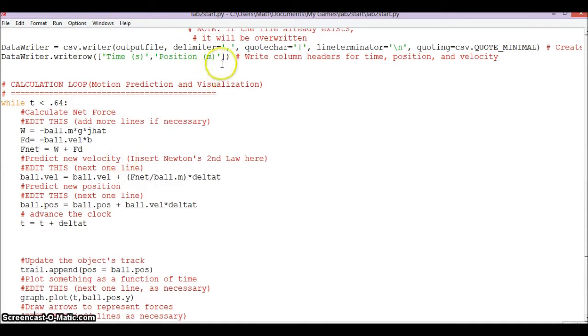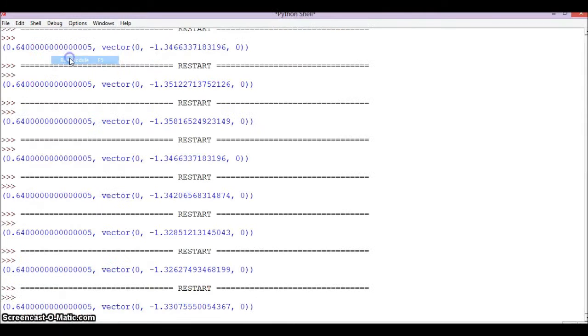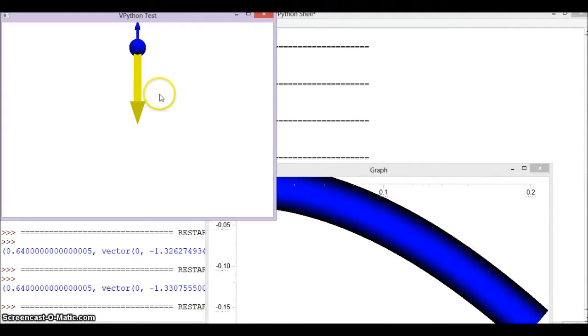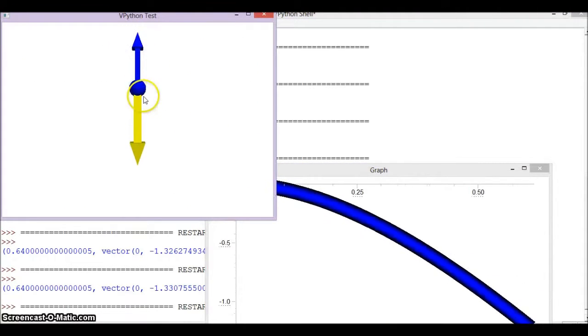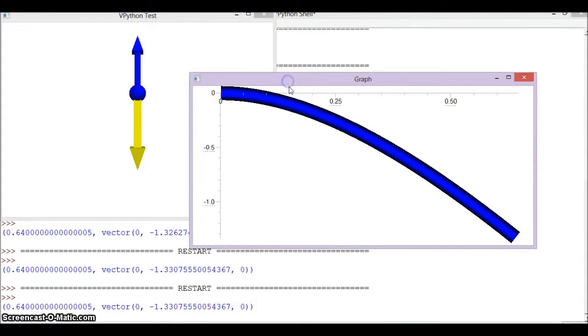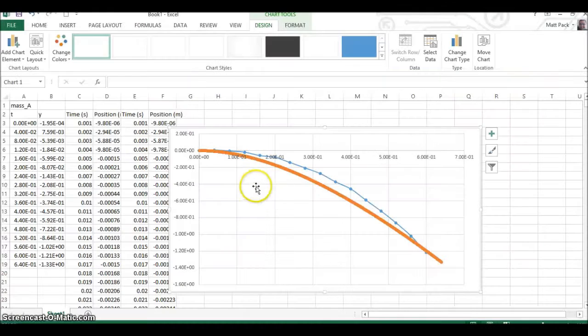And then it runs through the loop and gives us a model that looks somewhat like this, where we see that the drag force is getting exponentially bigger as it goes further down. It continues on for about 6.64 seconds.